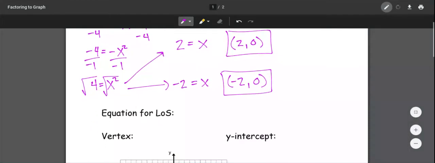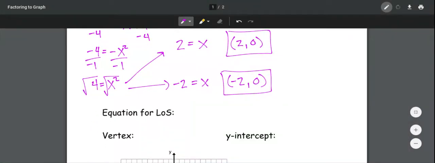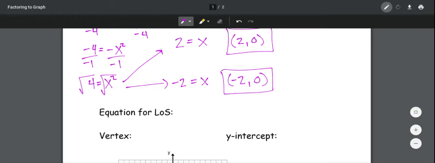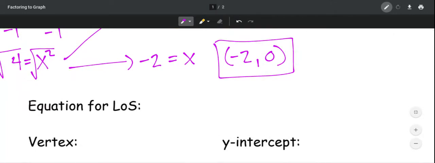Now, if you want to graph as we go, that's great. I'm going to graph all at the end. But if you want to graph those 2 points and kind of go from there, go for it. Now remember, your line of symmetry is x equals 2 plus negative 2, divided by 2.